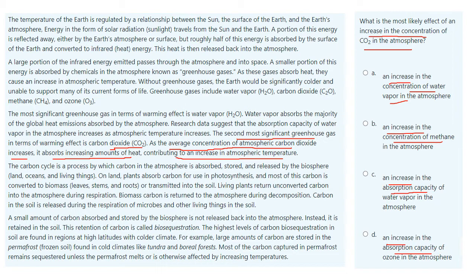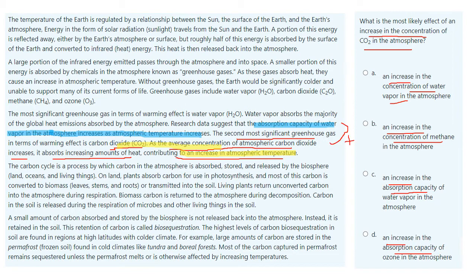Now, this is a very tricky question to answer. You have to take two parts. As the CO2 increases, there is an increase in the atmospheric temperature. That's the first thing that you need to see. The second thing that you need to see is that as the temperature increases, the absorption capacity of water vapor also increases. Now we need to join these two together.